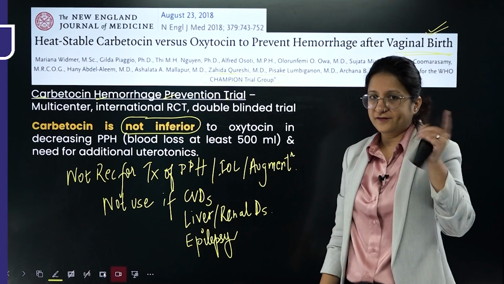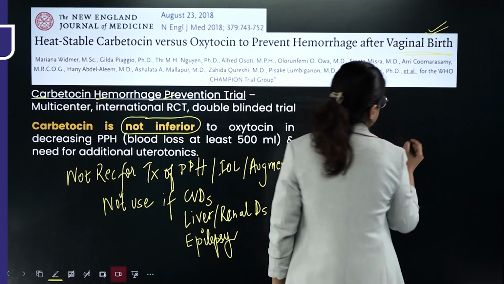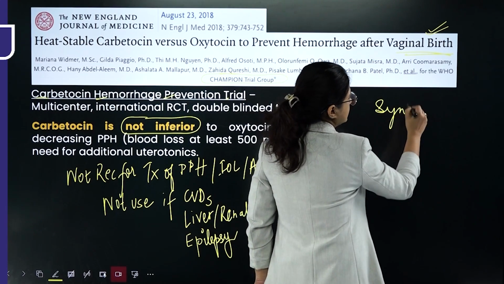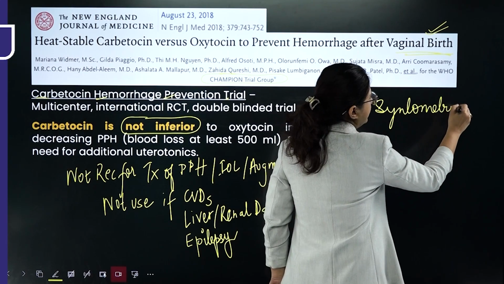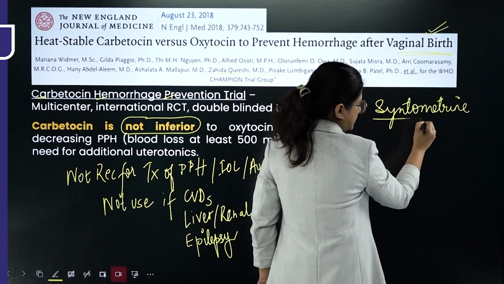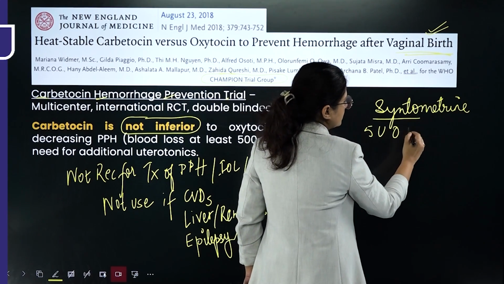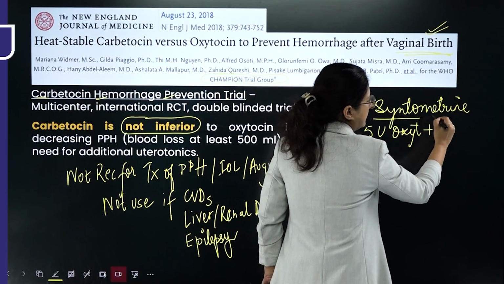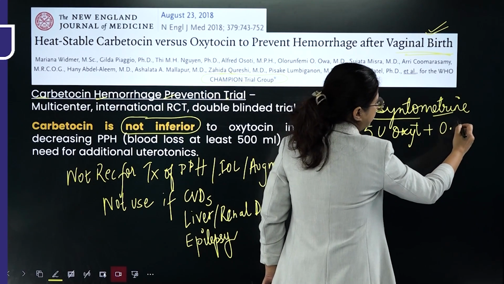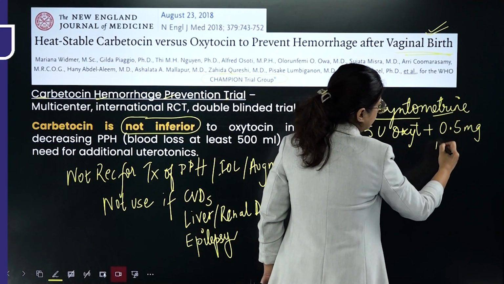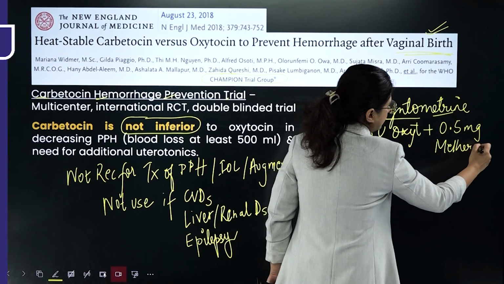And lastly, before I finish off the uterotonics, Syntometrine. Just a short note on Syntometrine. Now, Syntometrine is a fixed dose combination of 5 units of oxytocin plus 0.5 milligrams of methylergometrine, methergin. Right.